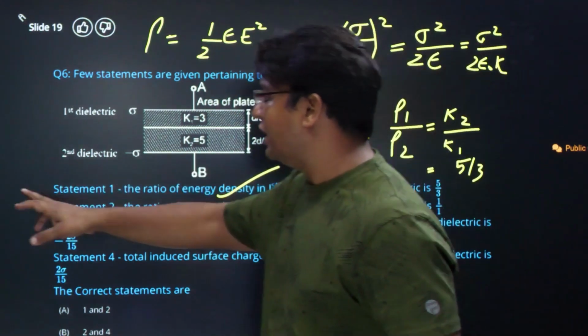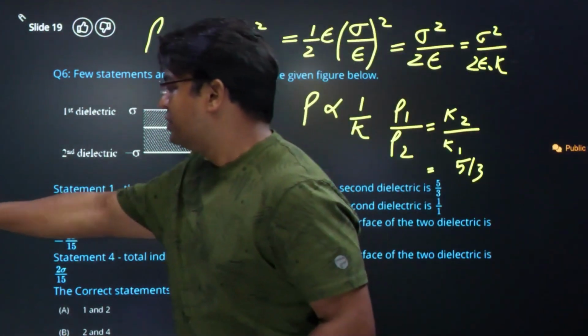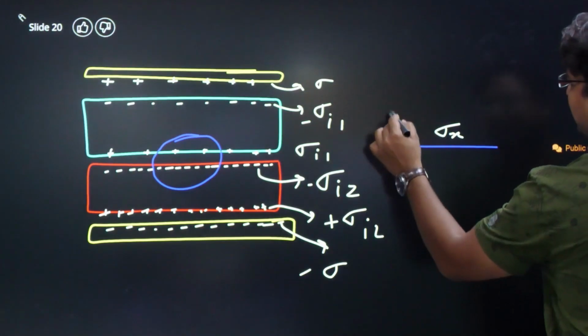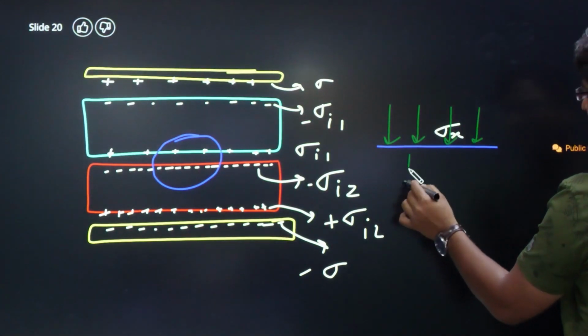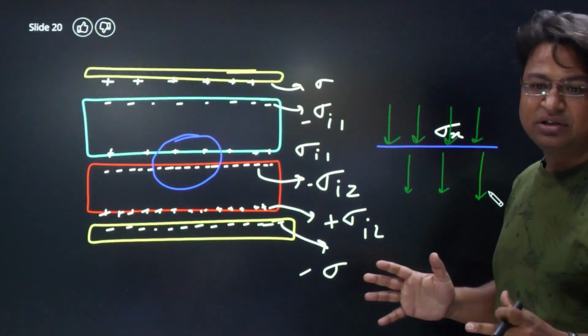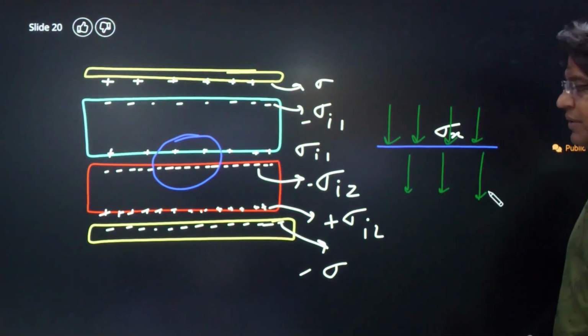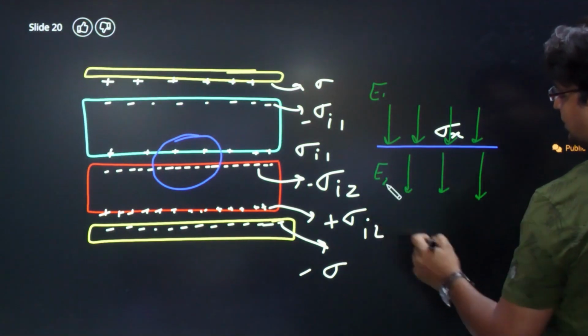So the electric field in the upper region will be stronger and directed downward. We can expect electric field lines like this, and then here the density of the lines has reduced, so they have become far apart. The electric field here is E1, the electric field here is E2.